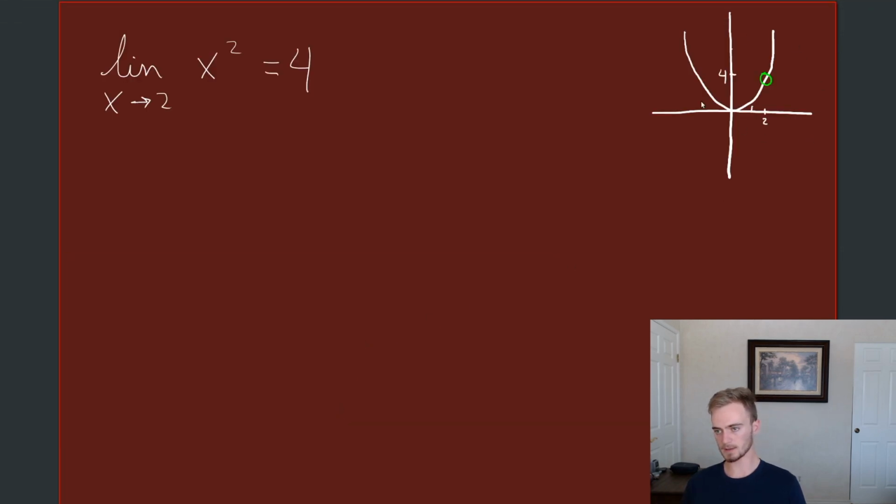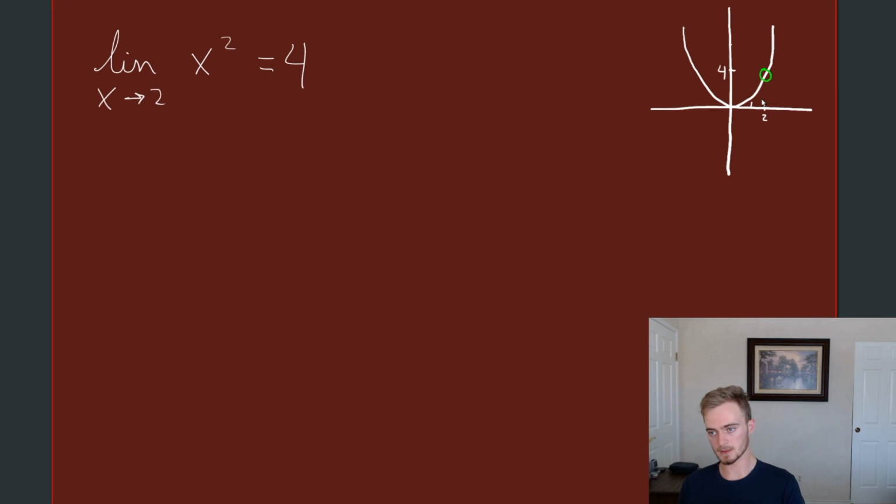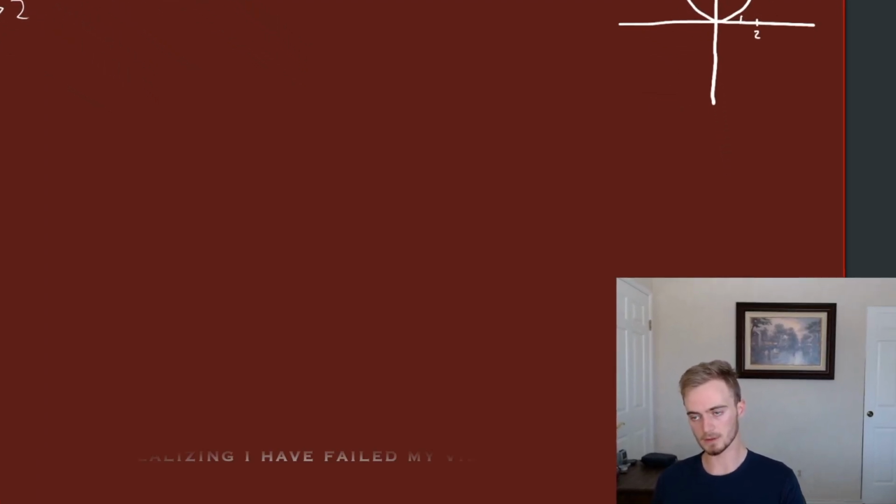What does this mean in practice? Well, you've got your function here. You've got your c value too. You've got your L value, L. Means for any bound on L, you can come up with a bound on x such that that bound implies the bound on the function.